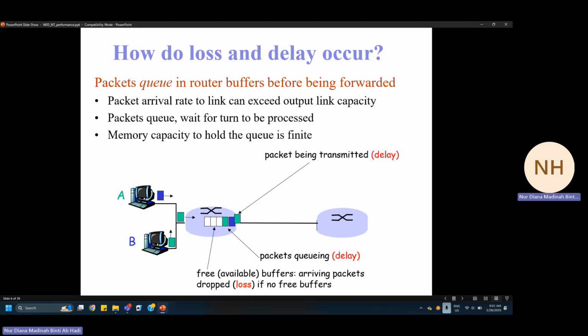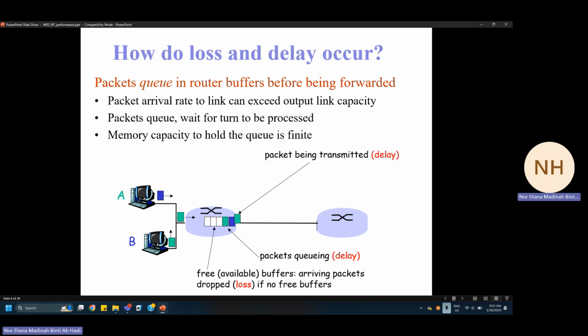The packets queue, and this is known as a delay. When your packet is being transmitted, it is also considered a type of delay. Free available buffers: when arriving packets drop, your arriving packet would be lost if there is no free buffer.